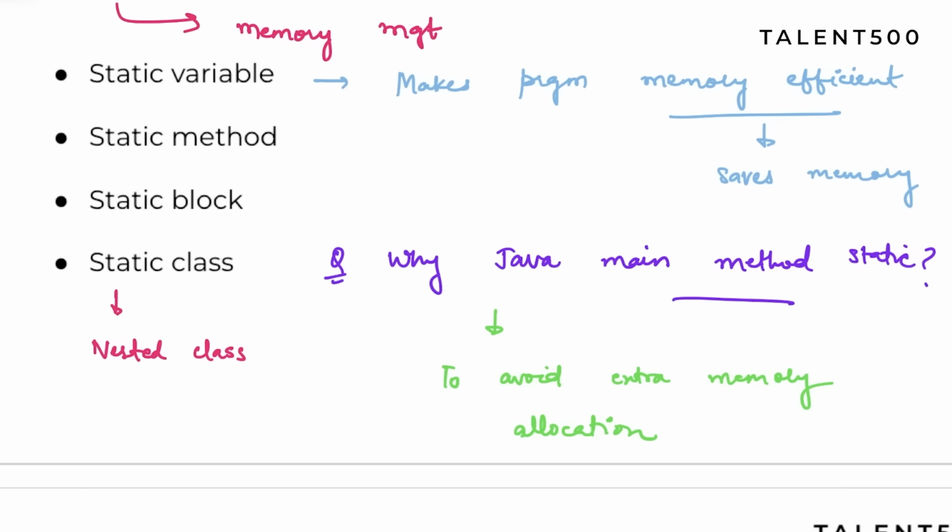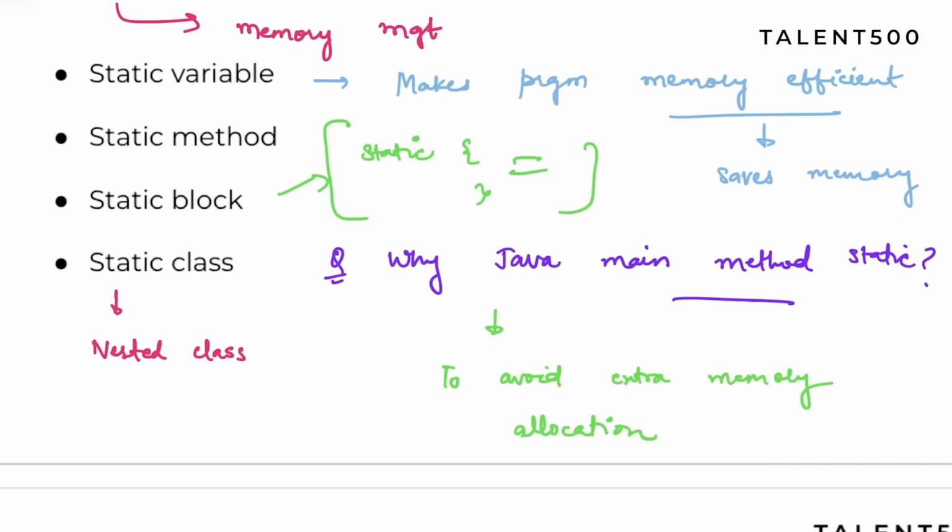Now the next one we have is the static block. I already discussed the static block. How can you define it? You just use static and put your code inside it. And you need to understand one more thing: what is the advantage? It will get invoked only once, and we usually put code inside it which we need to run only once.